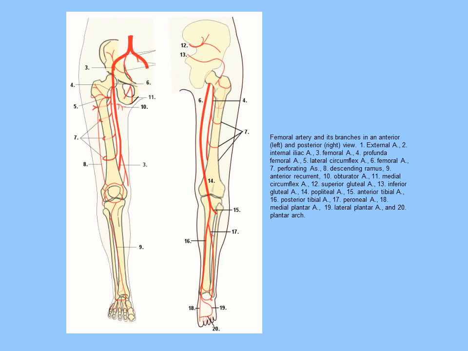The lateral femoral circumflex branches off a descending, a transverse, and an ascending branch. The ascending branch of the lateral femoral circumflex meets up with the medial femoral circumflex to provide blood around the greater trochanter. So blood to the greater trochanter, lesser trochanter, neck of the femur.